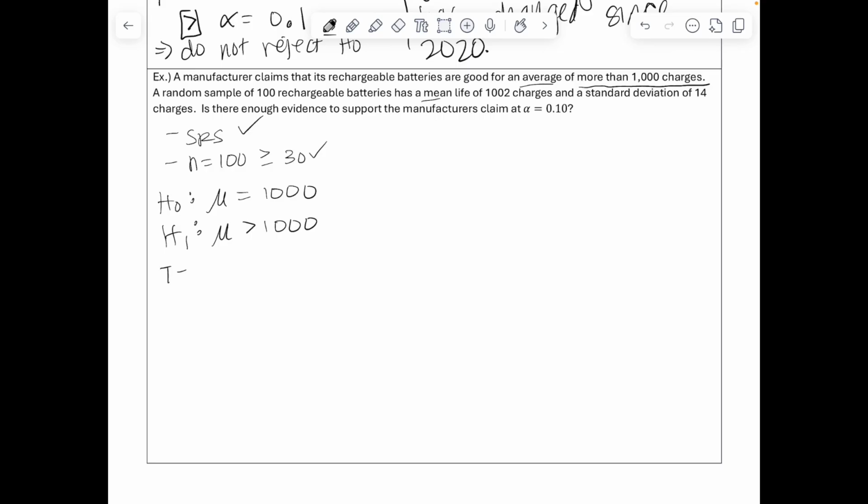And so for this, we are going to use t-test on our calculator. And our mu naught is equal to that 1,000. It's going to ask for x bar, sx, and n. And so x bar is equal to 1,002. Standard deviation is 14, and your sample size is 100.